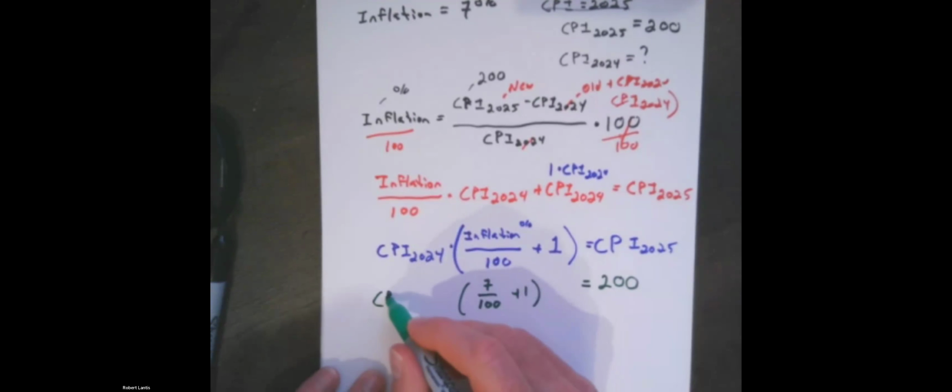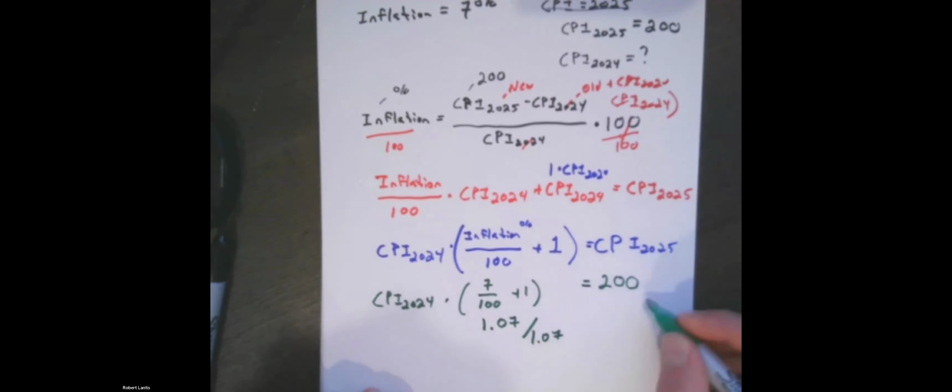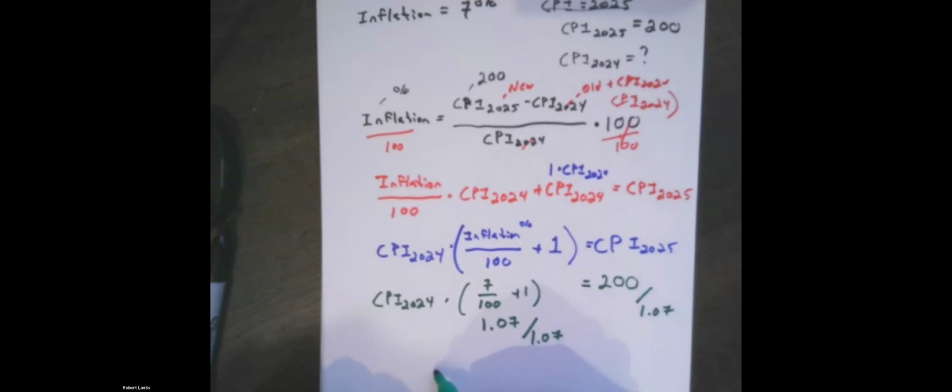I'm looking for that CPI in 2024. What is this? This is 1.07. I'll divide both sides by that value, and that's going to give me that CPI in my older time period.